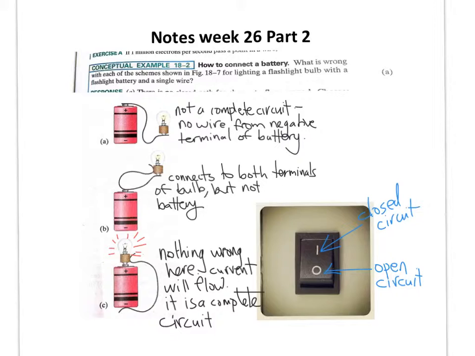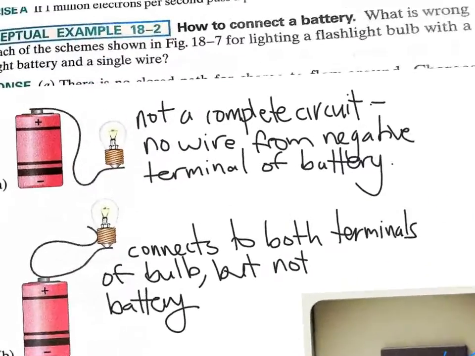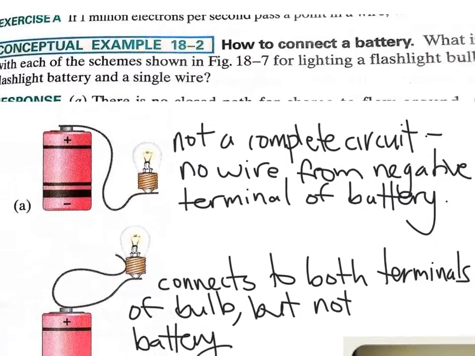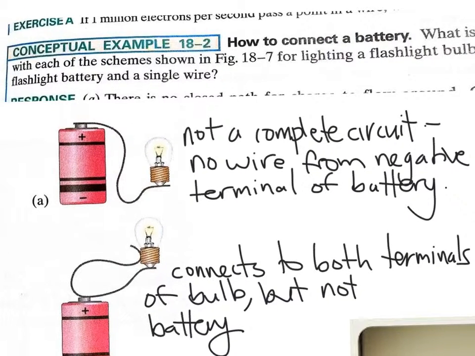So, how to connect a battery. What is wrong with each of these schemes shown for lighting a flashlight bulb with a flashlight battery with a single wire? In order for the current to flow, I am saying that the current goes from the positive, right? Conventional current. It has to go from the positive through the device and then back to the negative side.